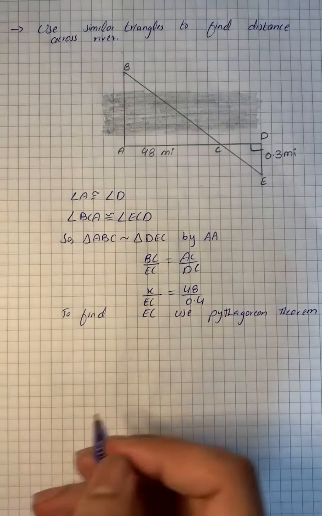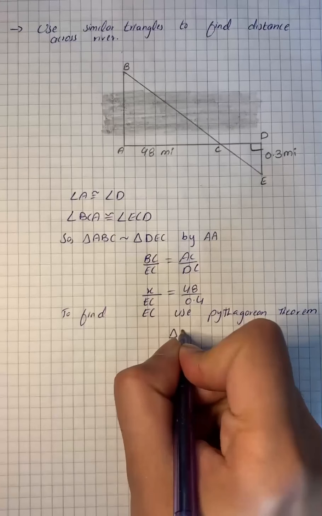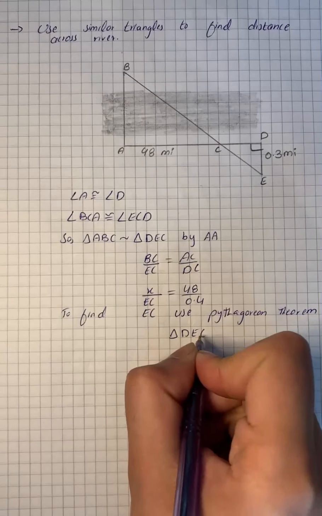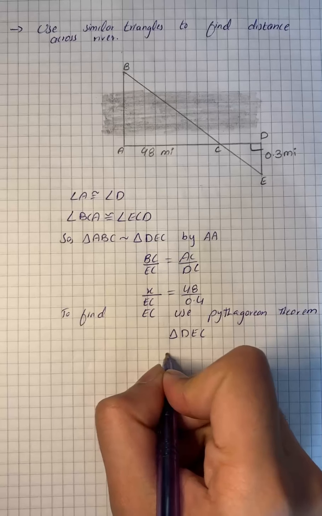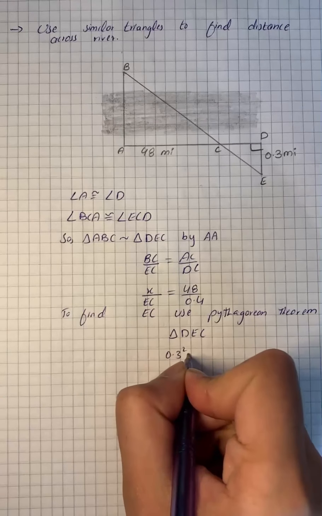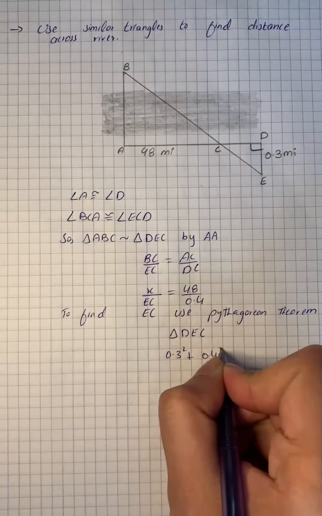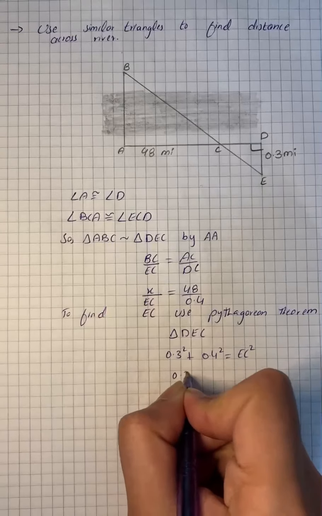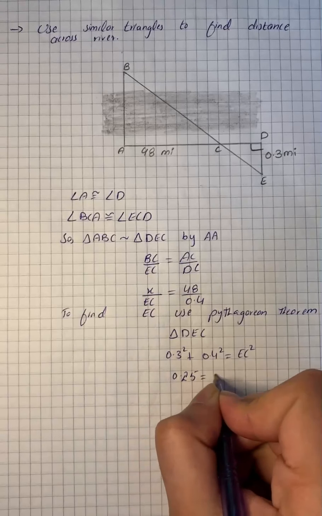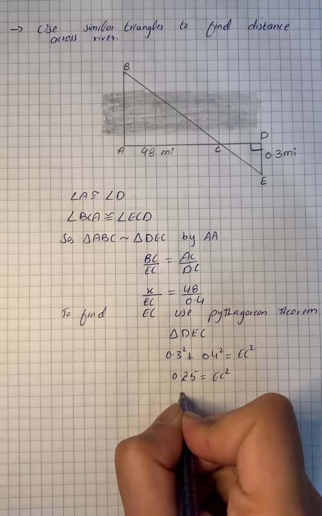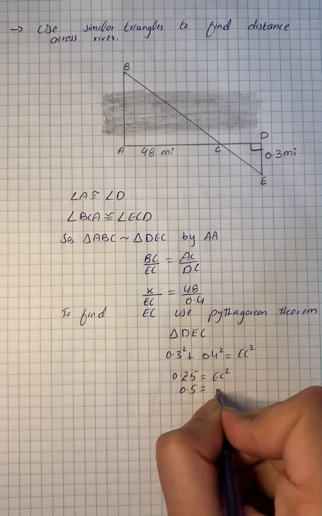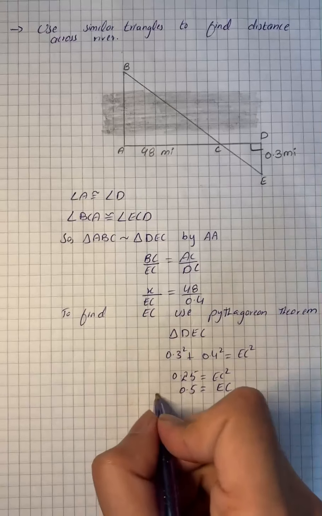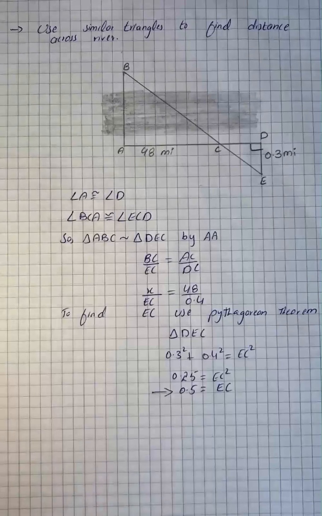Now we will use this on triangle DEC. So 0.3 squared plus 0.4 squared is equal to EC squared. 0.25 equals EC squared, and 0.5 is equal to EC. Here we have our measurement for EC.